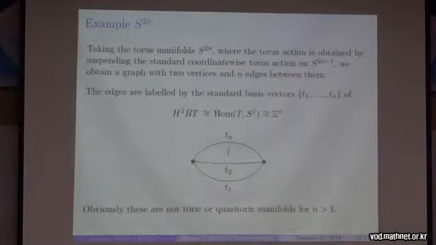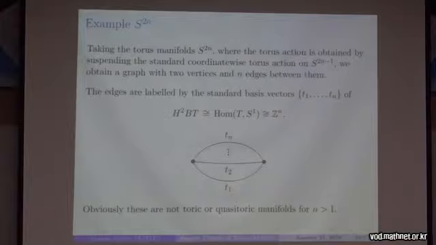Okay, so one example, which is not a toric manifold or quasi-toric manifold, is the example of an even dimensional sphere. So this is a torus manifold with a torus action, which you get by suspending the standard coordinate-wise torus action on an odd dimensional sphere.